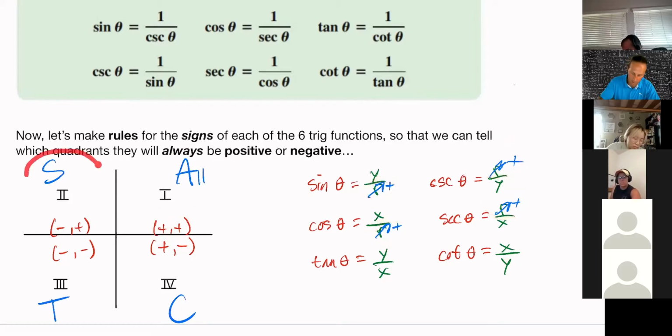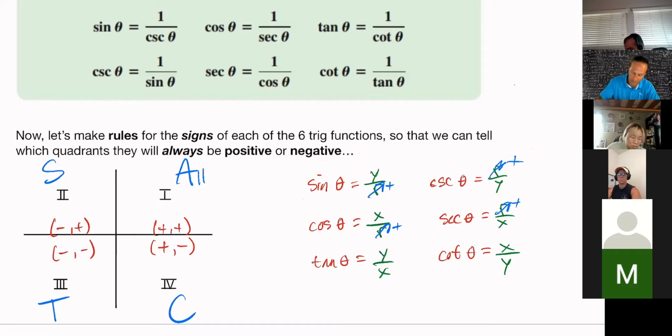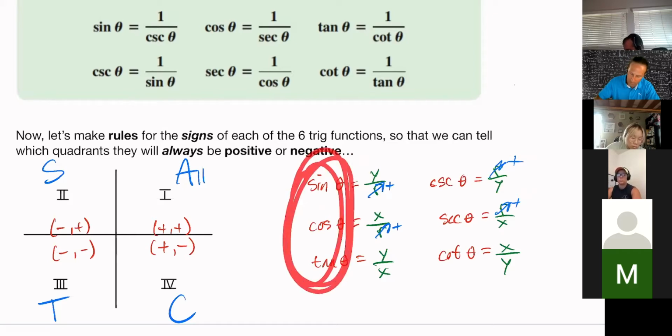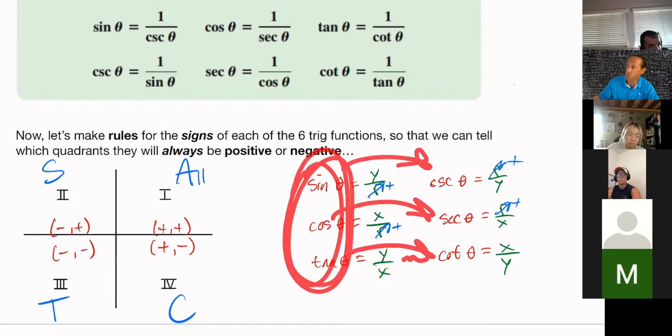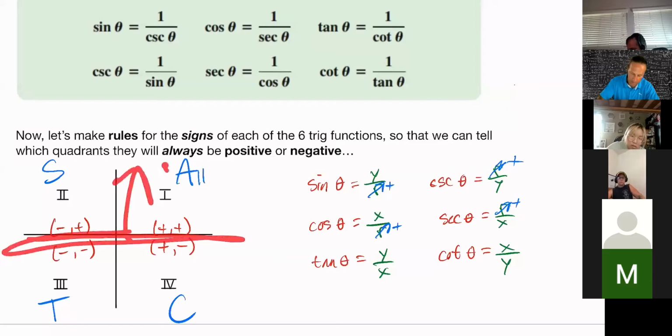What is the only trig function that will be positive in quadrant 2? Sine. Now, don't forget, sine and cosecant are going to be the same as far as their positive or negative signs go. So when we say we're only talking about these 3, their reciprocal partner follows suit, because they'll just be flipped. That's not going to change whether they're positive or negative. Okay, good. So everything above the x-axis for sine.